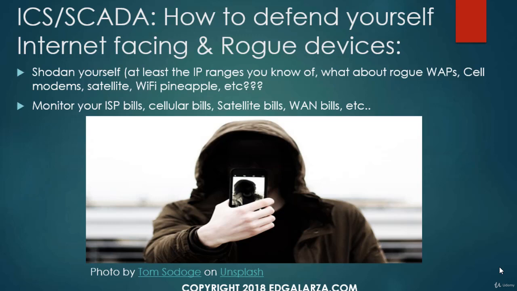Let's say you have some third-party support. As a system owner and operator, you should have a discussion with that third-party support entity, and you should know all their IP ranges that they're using to connect into your environments.